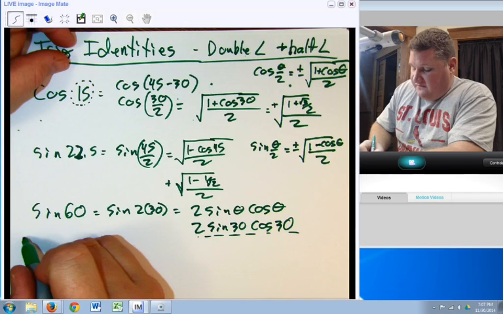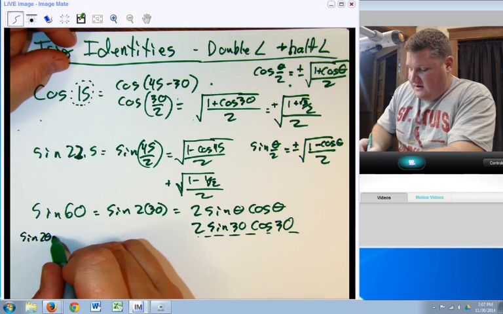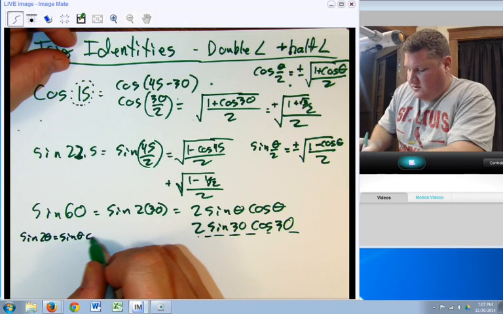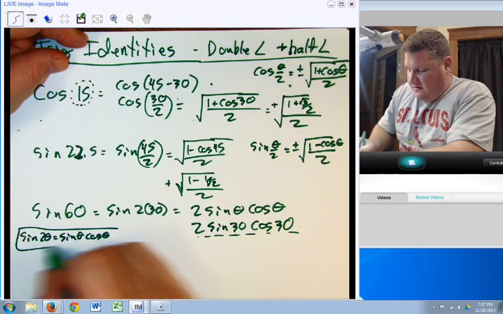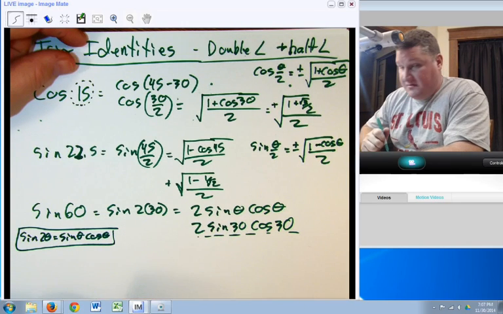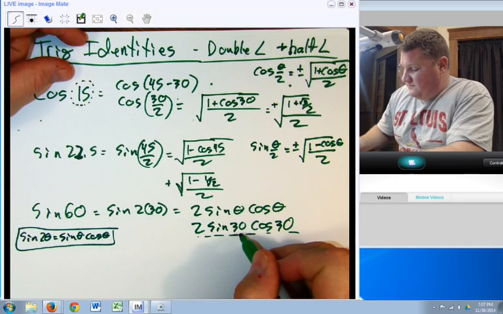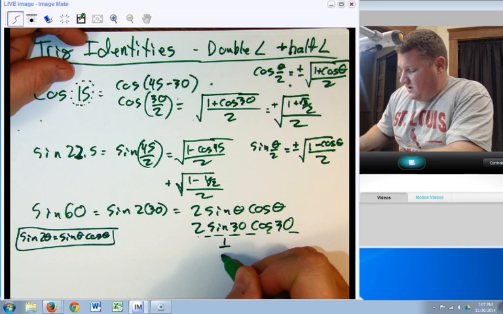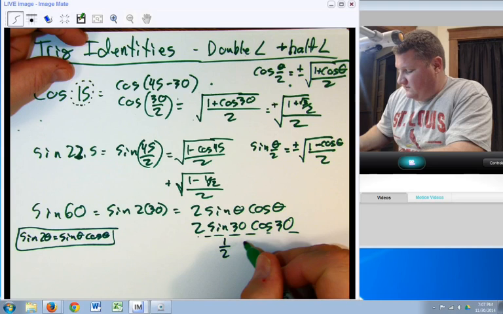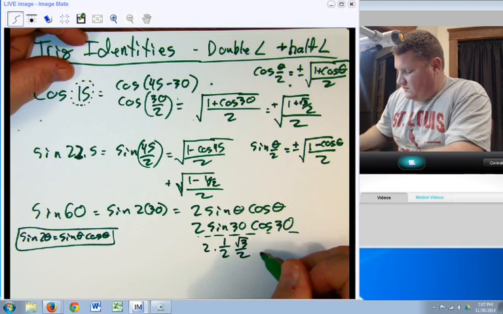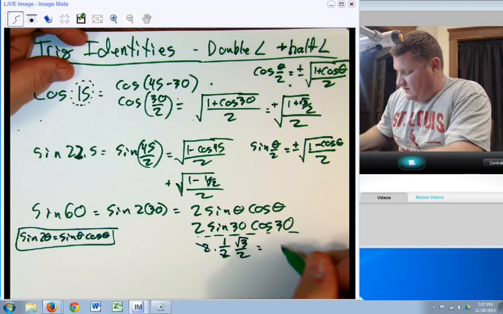So, sine of 2 theta equals 2 sine theta cosine theta. That one is definitely one worth putting in the memory banks. Now, sine of 30 is going to be 1/2. Cosine of 30 is going to be root 3 over 2 times the 2 that was out front. The answer is root 3 over 2.